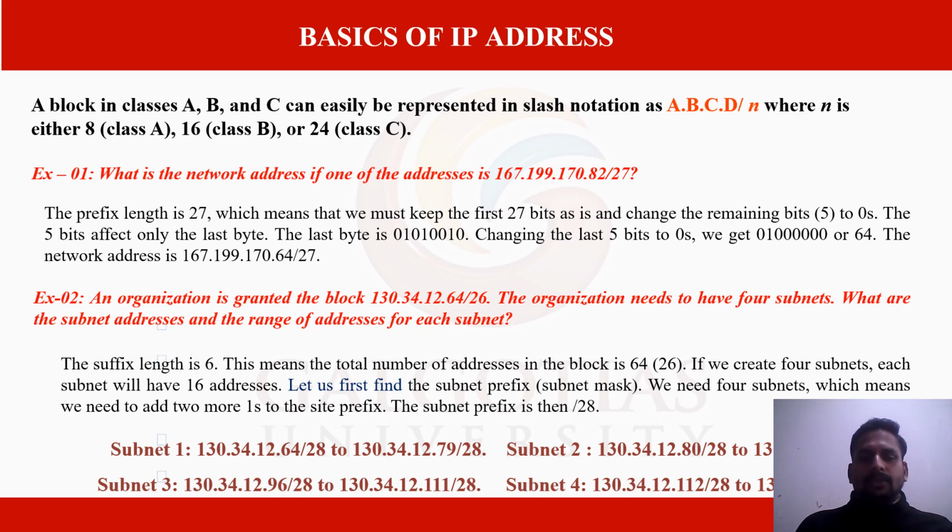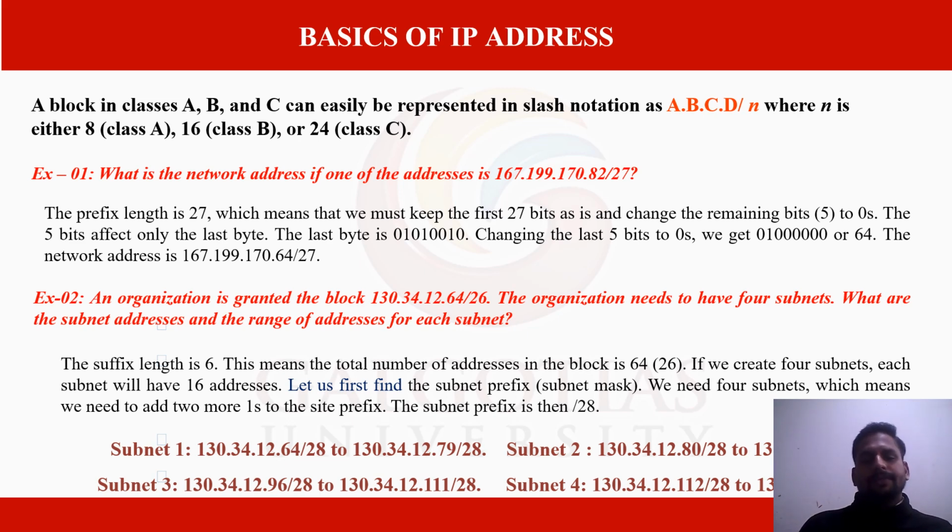So in this 82, which is the intermediate address, only the last 5 bits are going to be affected, so we are going to change those last 5 bits. That means in the last octet, the last 5 bit value we have to change to 0. Whatever we get, that is the network address. So first we need to convert that 82 into binary, so it gives 0 1 0 1 0 0 1 0.